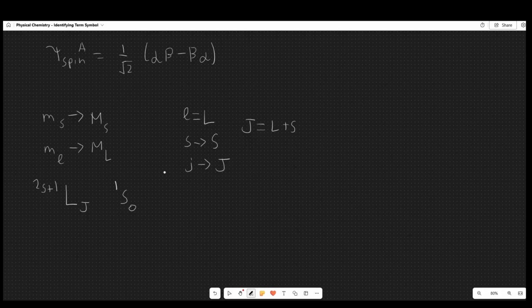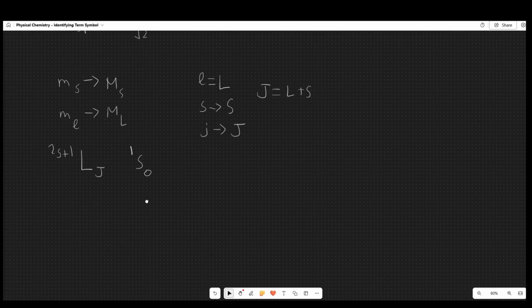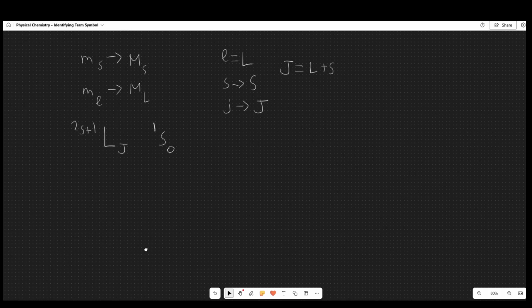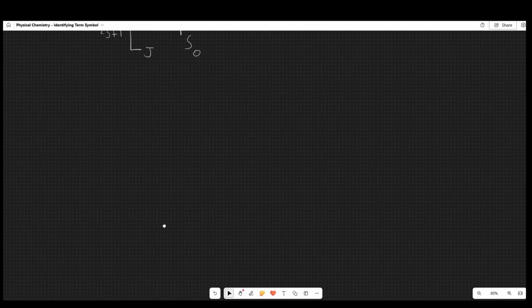So when L is 0, we have S. When L equals 1, we have a P. And when L equals 2, we have a D. That turns into sigma, pi, delta if it's a molecule, basically. But now that we have all the background information, let's get into the table that we'll be using.